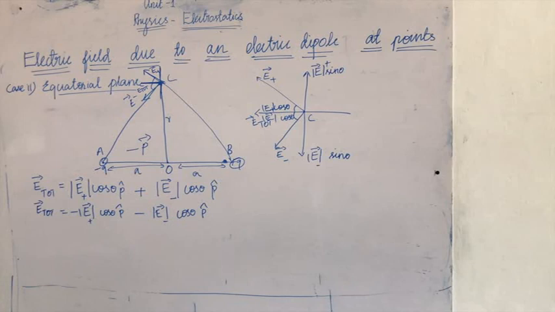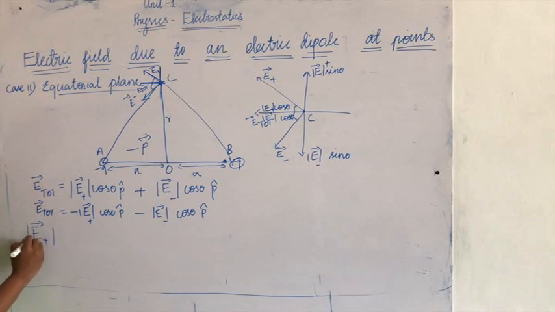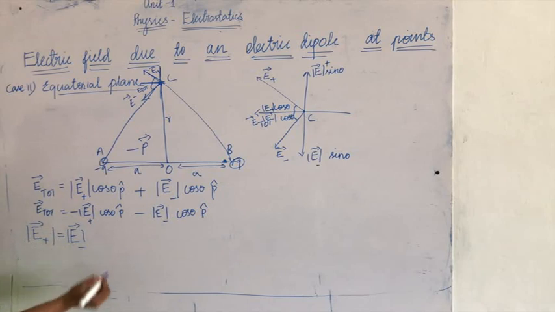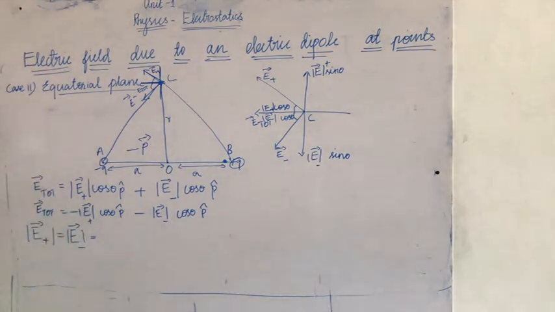Now let's find the electric field at both the points. The value will be the same. E vector positive equal to E vector negative. Now you apply the formula.